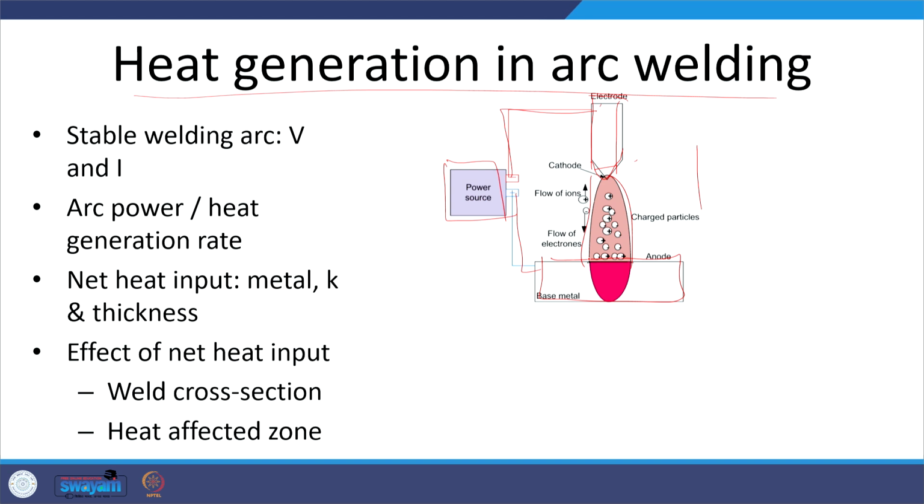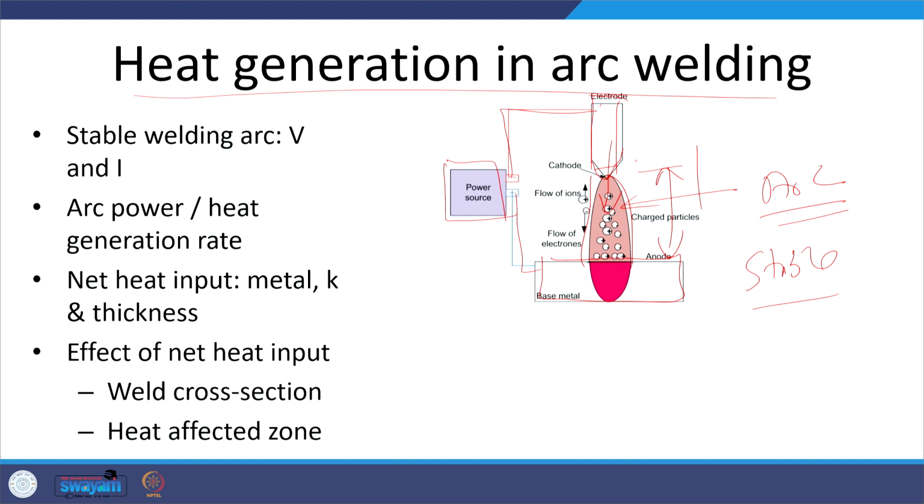When the arc is struck, there will be flow of current from the cathode to the anode, okay, and the flow of current basically contributes to the establishment of the arc. The arc must be stable, meaning there is a continuous flow of current through the gap between the electrode and the workpiece.